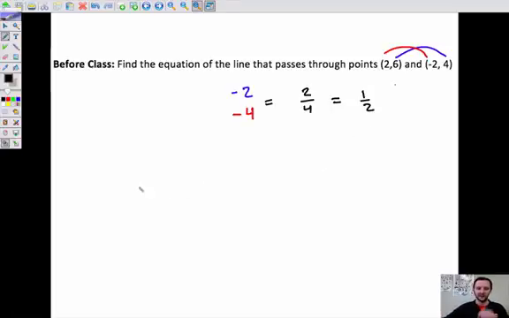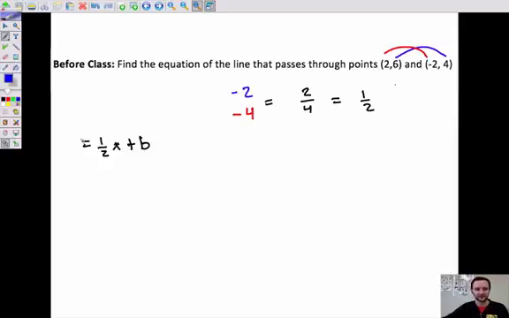Okay? Now I'm going to give you a couple different strategies in addition to the table that you can use. One way that you can find b is by setting up the y equals mx plus b equation, but then replacing m with 1/2, because we already know the slope is 1/2. Then we go ahead and replace y with one of the y coordinates.